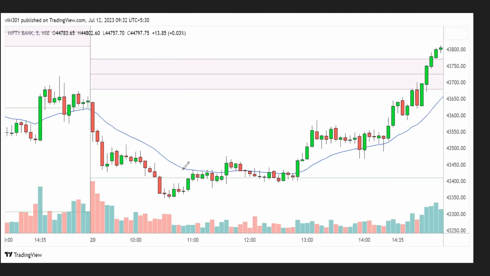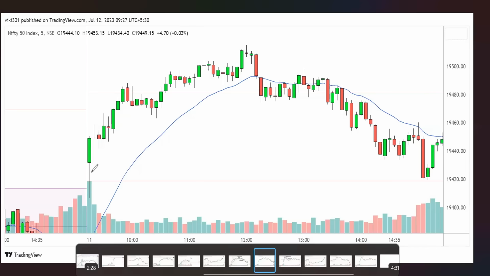Whenever price is staying below the 20 MA, I will hold on to my trade. And when I see price is closing above the 20 MA, then I'll square off my short position and look for a reversal opportunity. Okay, another example, you can see that Nifty is going in an uptrend, looking like a strong trending day, and started closing below the 20 MA.